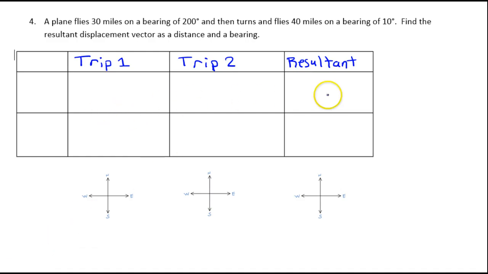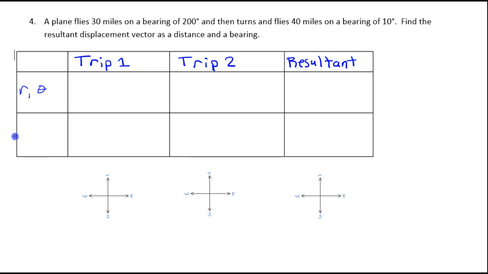So go ahead and set up your table like this, and for the first row we will record the magnitude and direction for each one of these displacement vectors. When we do the direction, we will have to measure from the positive x-axis counterclockwise.